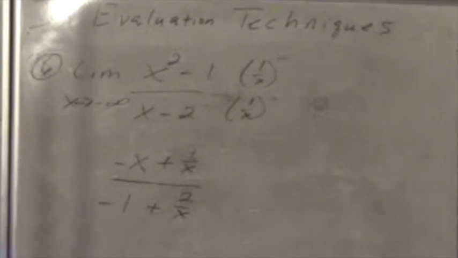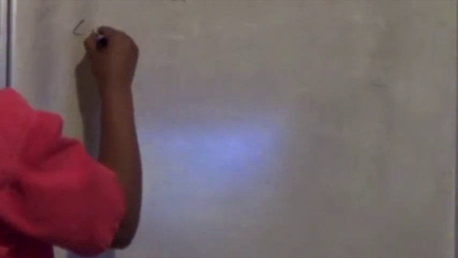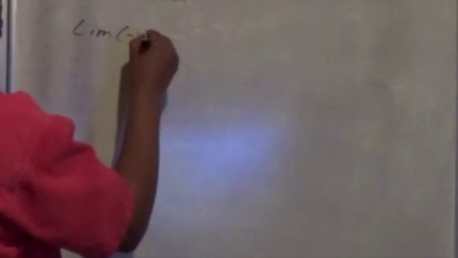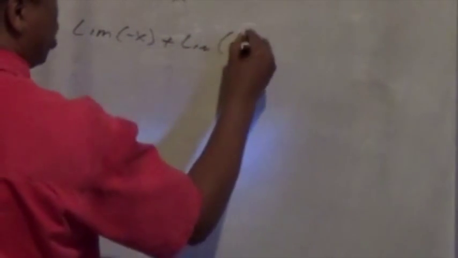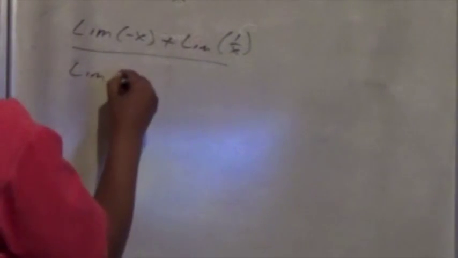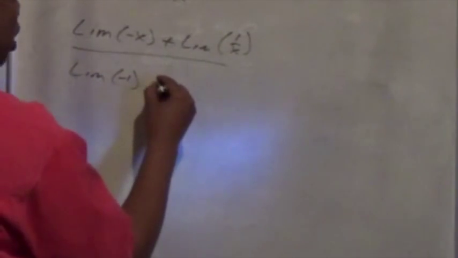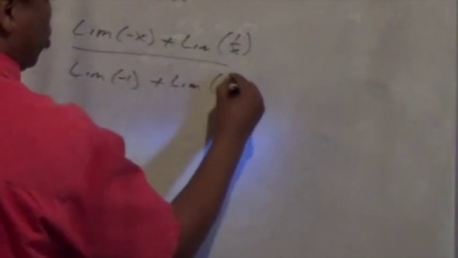Okay. Now let's begin the process of sending all of these to negative infinity. So we have a limit here of negative x plus the limit here of 1 over x, and then divided by the limit here of a negative 1, plus the limit here of 2 over x.